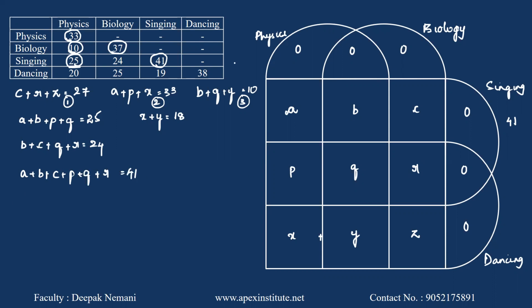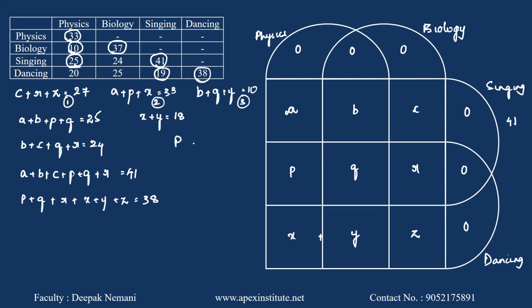Similarly, you have 38 persons dancing. So 38 teachers whose hobby is dancing. So P plus Q plus R plus X plus Y plus Z is equal to 38. Now we are given that 19 teachers have hobby as both singing and dancing.